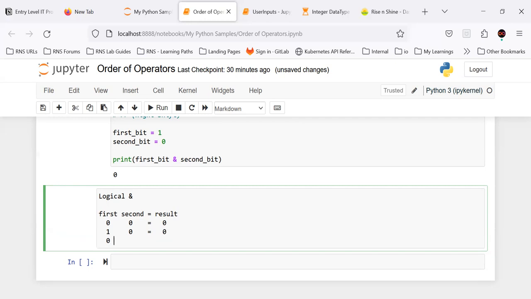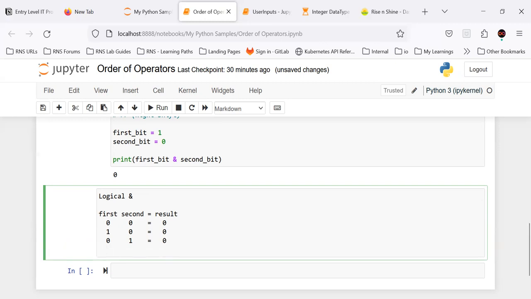Suppose first bit is 0, second bit is 1. Then what is the value? 0. Then first bit is 1 and second bit is also 1. Finally, the result is 1.